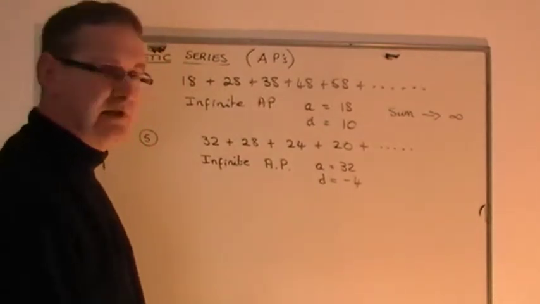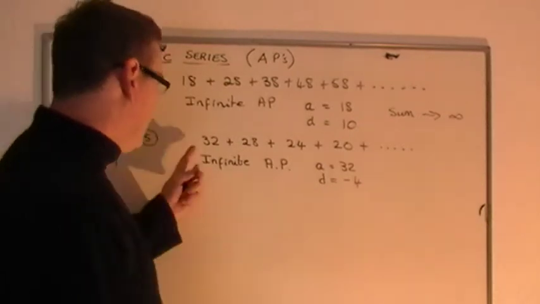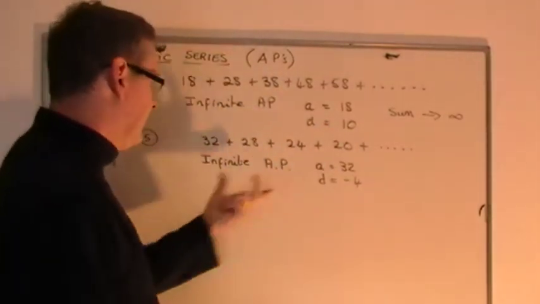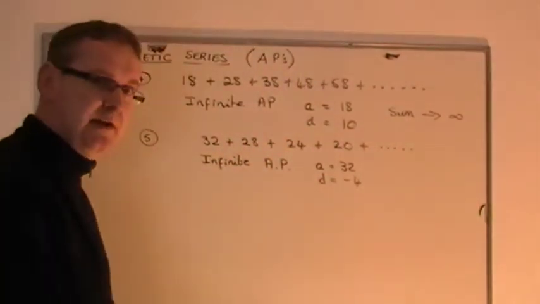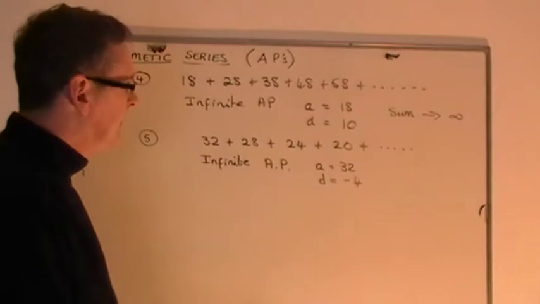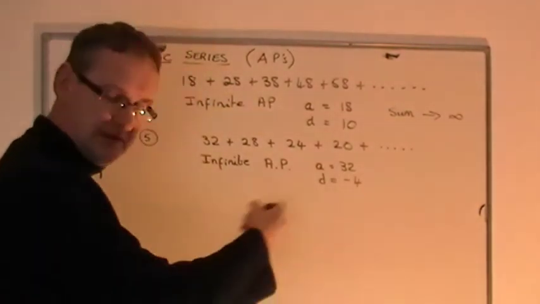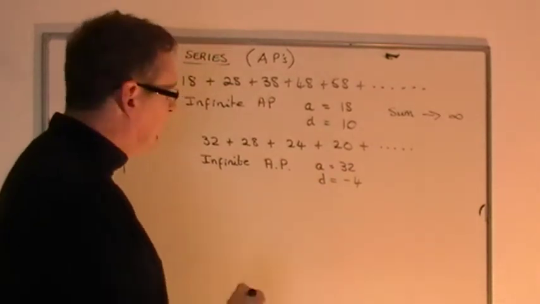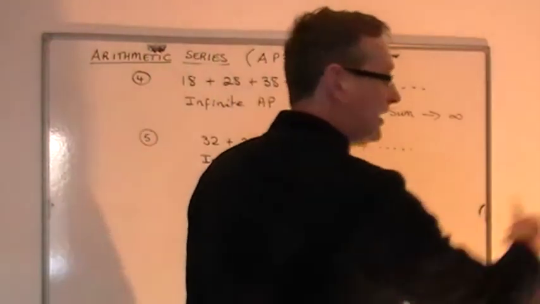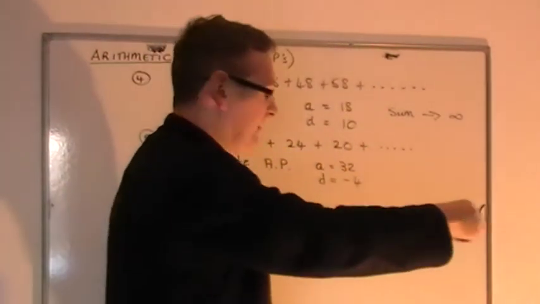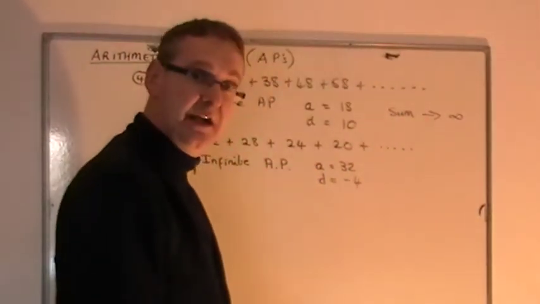So you've got a common difference of -4, and once again you aren't able to write down that this is an infinite AP of so many terms, because it goes dot dot dot, so you can't write down it's got 20 terms or whatever. Infinite AP, infinite number of terms, and obviously the sum to the infinite number of terms would tend to an answer, because the terms would be going down smaller and smaller, sooner or later turning negative and going on ever decreasing in negativity.